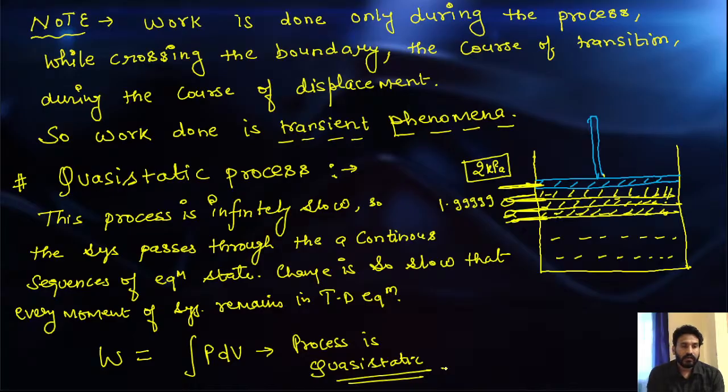So don't look for the word quasi-static in the question, thinking that only if I see a quasi-static process will I apply W is equal to PdV. No, this is only for concept. If this is in the question, then be sure of what quasi-static means, and think about what I can do with it. That's it, nothing else. Right?